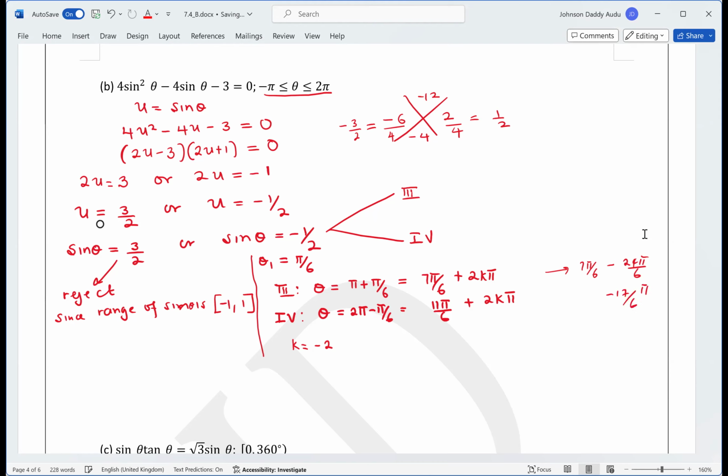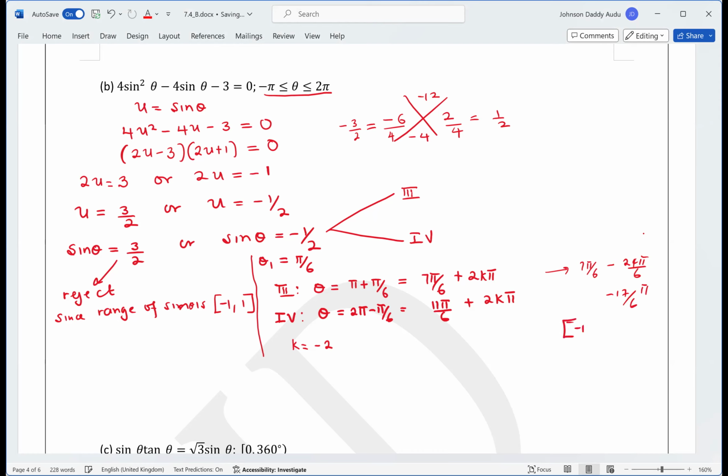If you look at minus 17 over 6 pi, it's almost minus 3, which will definitely be outside the range we are given.